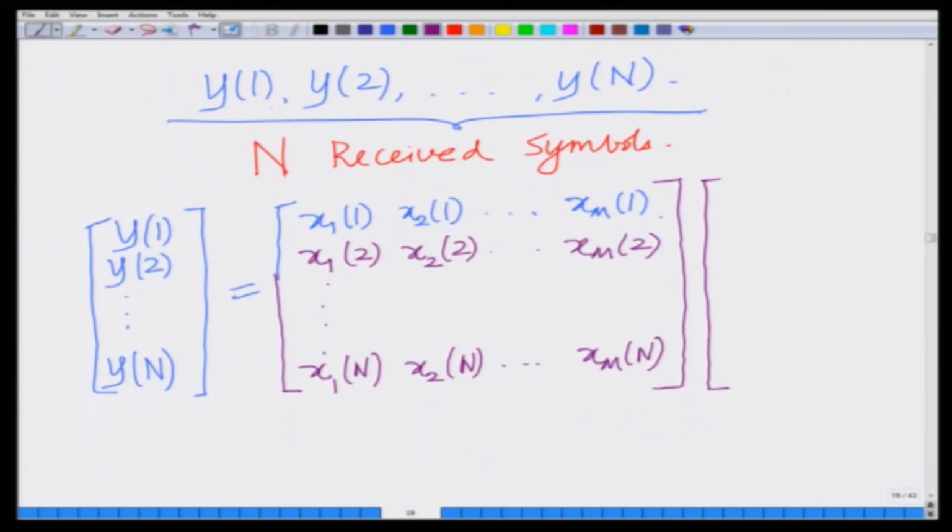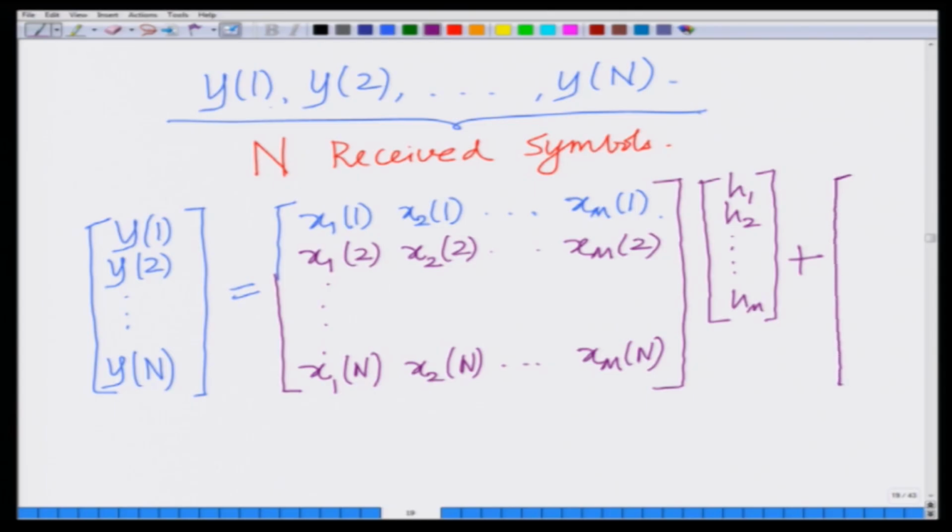times your parameter vector. Let me just draw it a little bit shorter, I will explain the reason. H1, H2 up to Hm plus your noise vector.